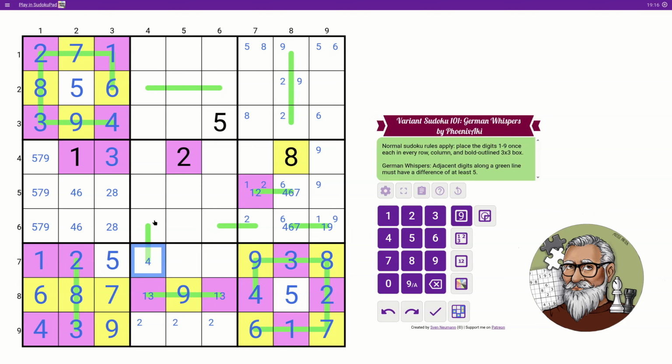Because 1, 2, 3 are gone, and this would have to be 9. But if this is a high digit, then it's from 6, 7. And 6, 7 would require a 1 since the 2 is gone. And this is from 1, 9. We already know that this is from 1, 9, so we can't use 9 here. That's all we get out of that. That is interesting.